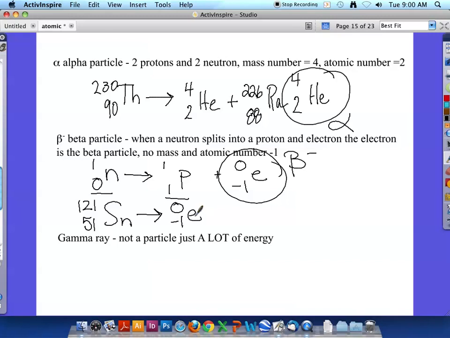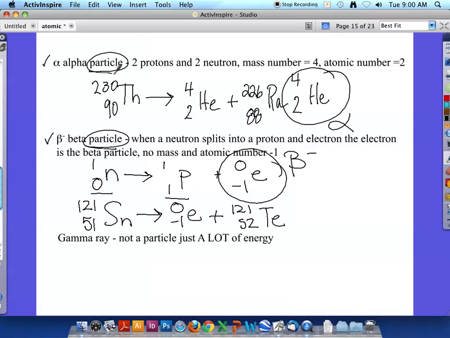That means that I have essentially gained a proton in my new atom, but not lost any mass. So my mass number stays the same at 121, but this number goes up by 1, and I become element 52, which is Te, or tellurium. Okay? So in this one and this one, I actually have a particle.